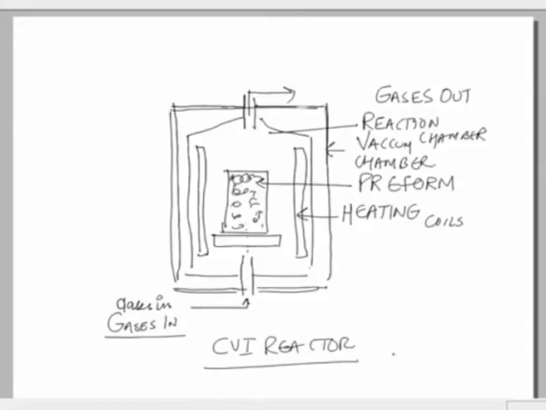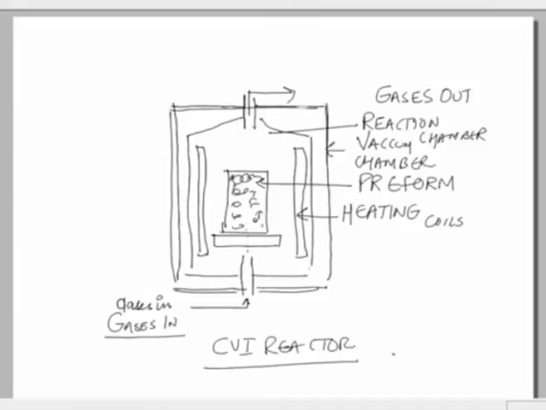On your screen you can see that the process is fairly simple to understand, but there are certain control variables which have to be maintained: for how long the gases should pass, what should be the constitution of the gases that are going inside the preform, what should be the network of the preform, how much porosity should be there in the preform, and what type of porosity is acceptable when the ceramic matrix composite has been formed.